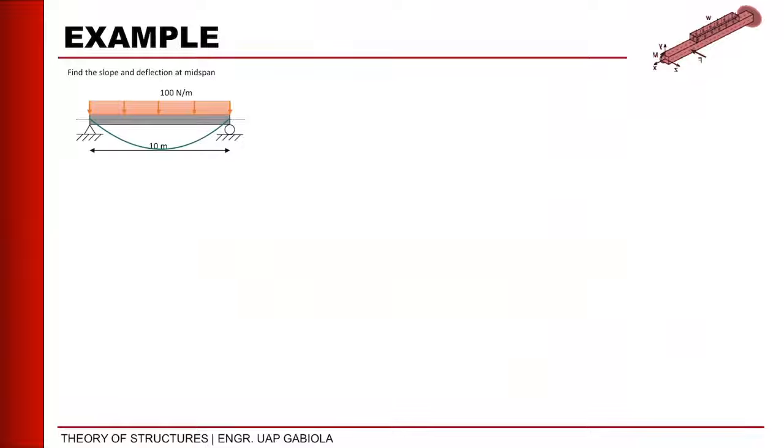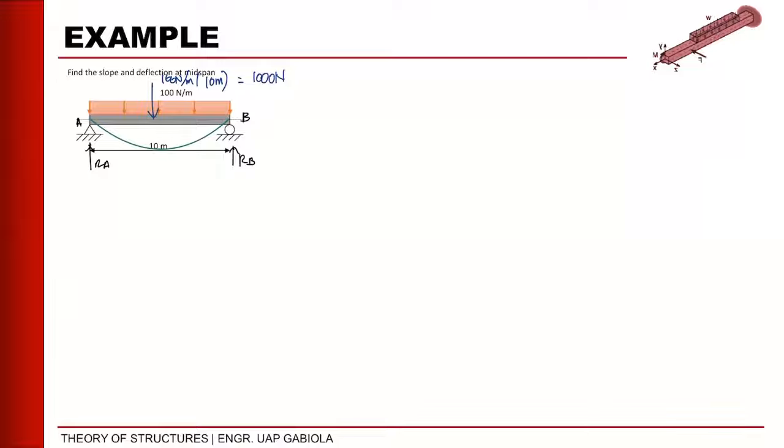Okay? So, to perform our analysis, you have to first identify the support reactions. And we know that the uniformly distributed load has an equivalent concentrated load equal to its area, that is 100 Newton per meter times 10 meters, which equals 1,000 Newton.